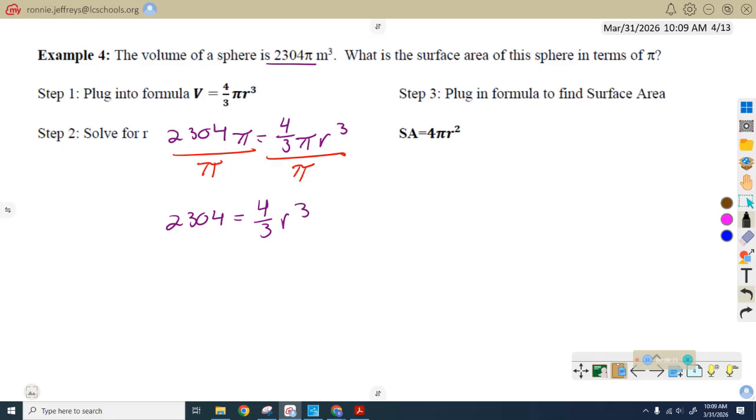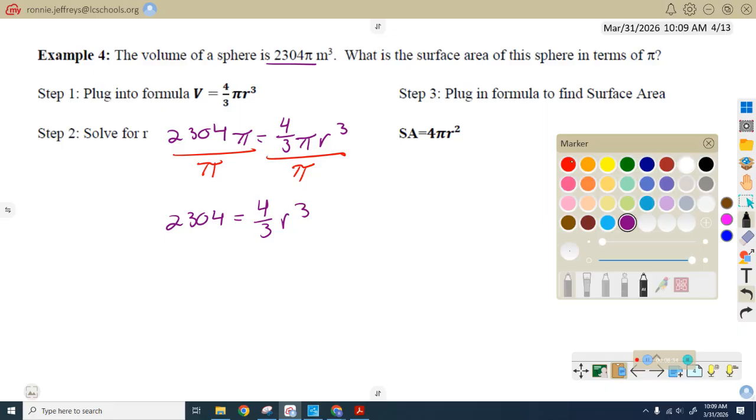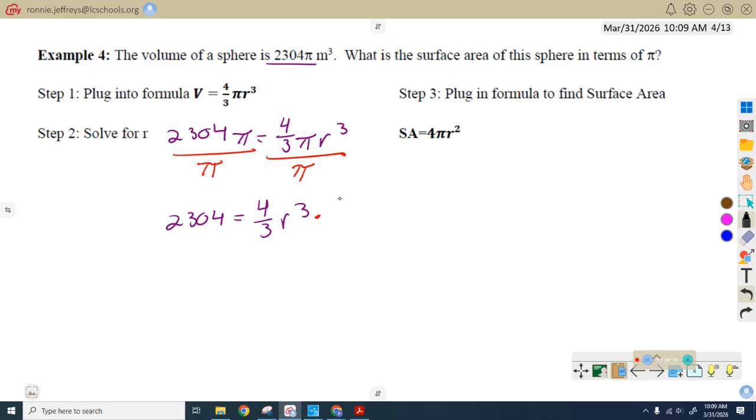Now, once we do that, we need to get rid of that 4/3. Yes, it's being multiplied, but remember, when you multiply fractions, you keep change flip. You can do a shortcut and multiply by the reciprocal.